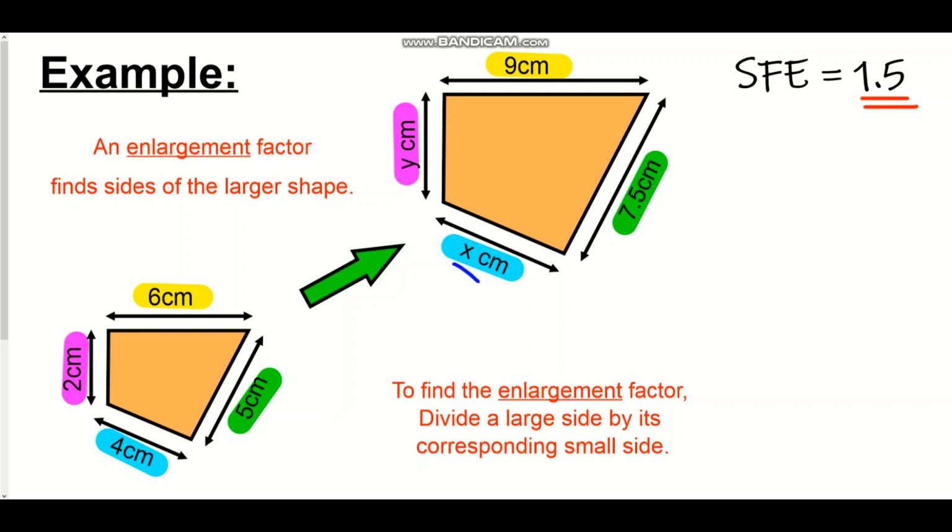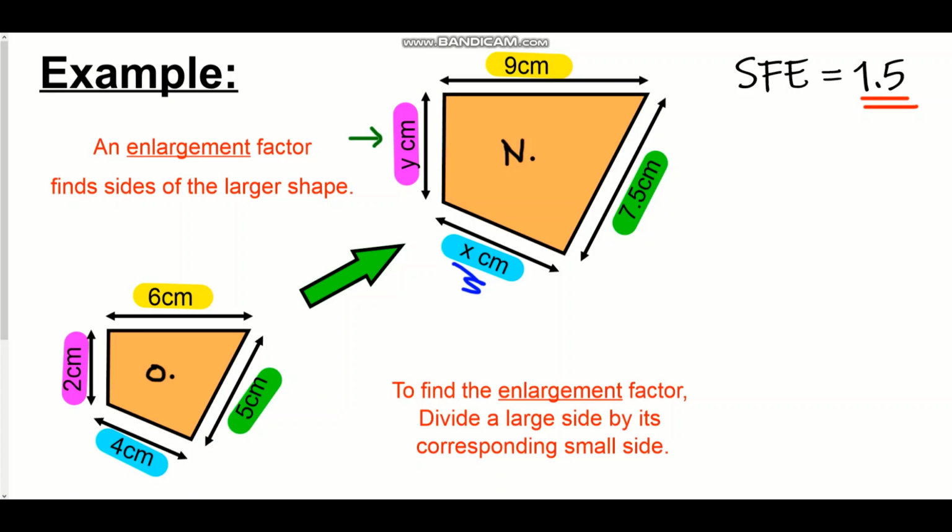I've got side x down the bottom here, and I've got side y over on the left-hand side here. And what I want to do is find out how long those two sides are based on the information I have in my original shape. Just to remind you, this bottom shape here is my original shape, and this top shape here is my new shape. The direction of the arrow tells you that.